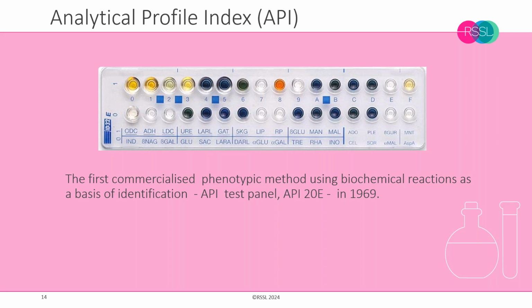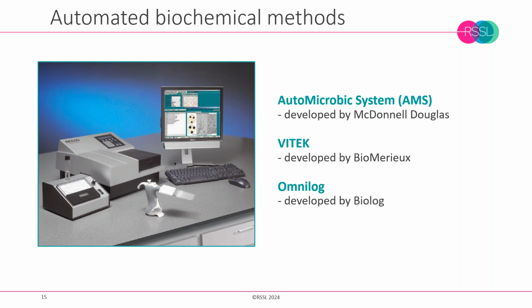The automation of this technology was the next generation of common microbial identification methods. Two or three key examples are the AutoMicrobic system, the Vitek system, and the Omnilog system. And they differ in terms of the way in which they attempt to indicate the likely outcome of an unknown microorganism.